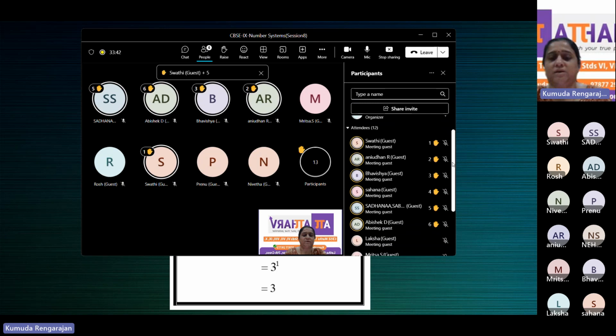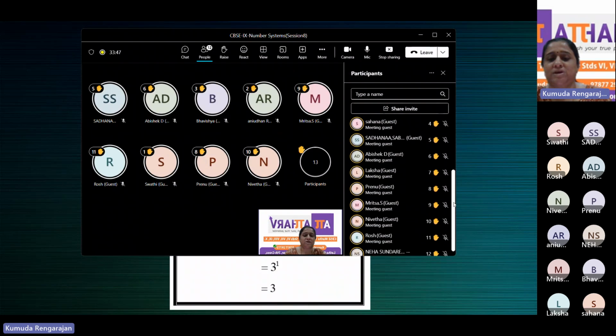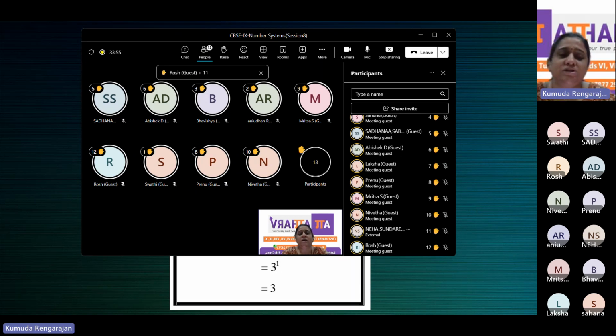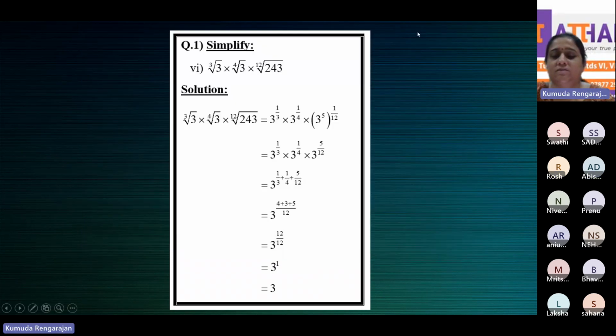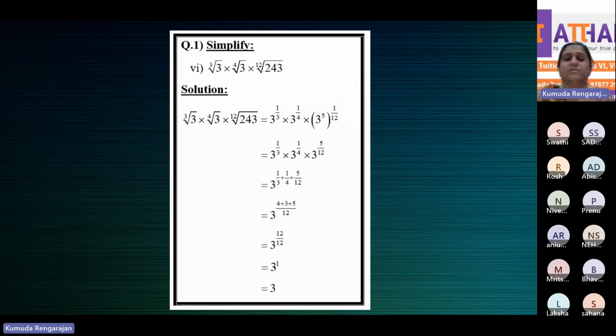We have Swati, Aniruddhan, Bhavishya, Sahana, Sadhna, Abhishek, Laksha, Niveda, Neha and Roshni. Are you there, Roshni? Can you see my screen, Roshni? Yes, ma'am. Go through this answer. Then I'll not be on this slide. I'll take you to this slide and you have to tell me how to work it. Also give me a minute. I'll just come back.